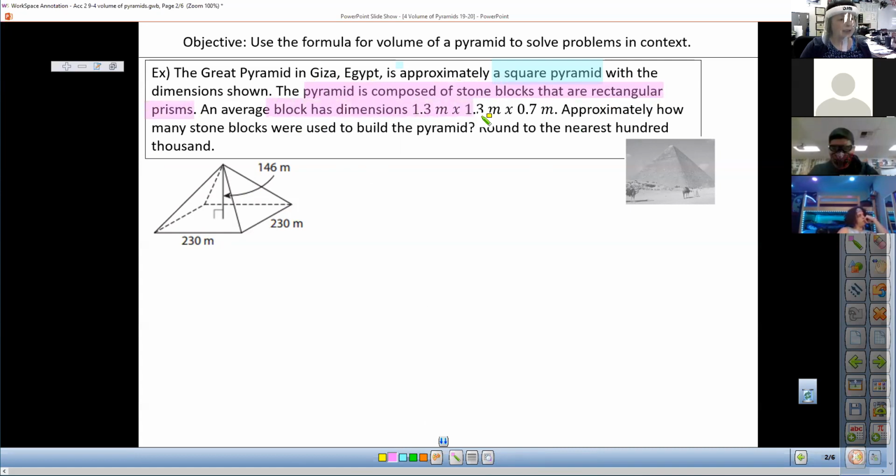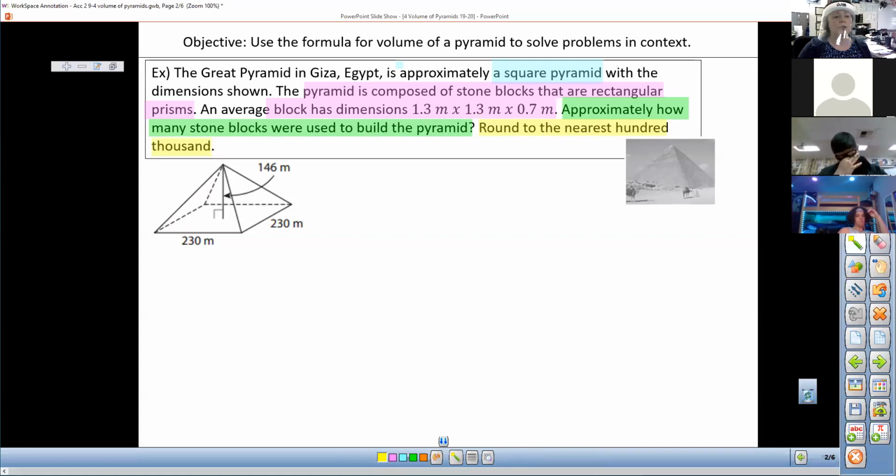And these blocks have these dimensions: 1.3 meters by 1.3 meters by 0.7 meters. We are supposed to figure out about how many stone blocks were used to build this pyramid. And then our rounding instructions say round to the nearest 100,000. You're going to want to be super careful with your rounding instructions.